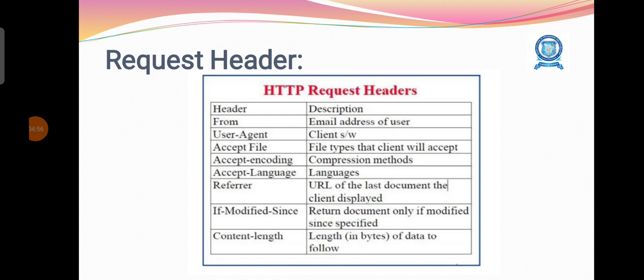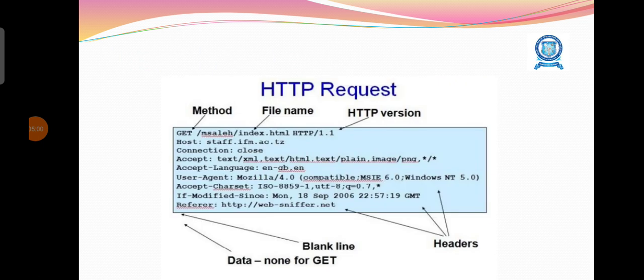Then if-modified-since, then content length. So this is an example HTTP request message. It starts with the GET method, the file name, the HTTP version, then all the fields like host, connection, accept language, and user agent. User agent is nothing but the user's browser details.